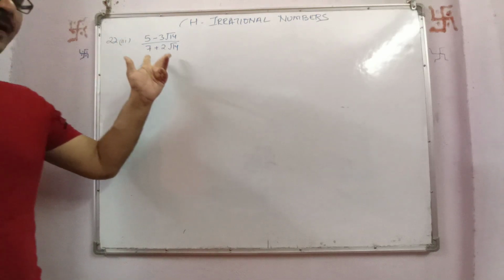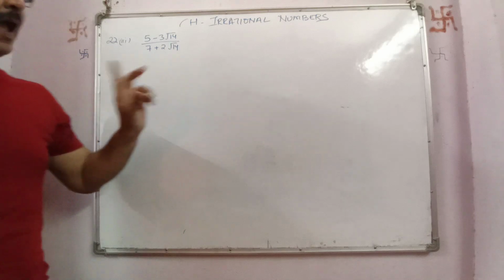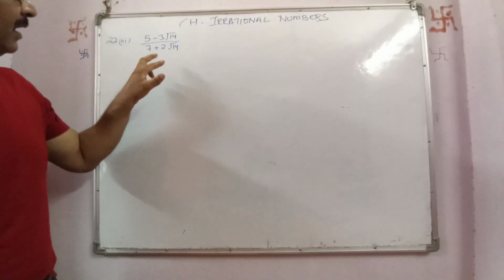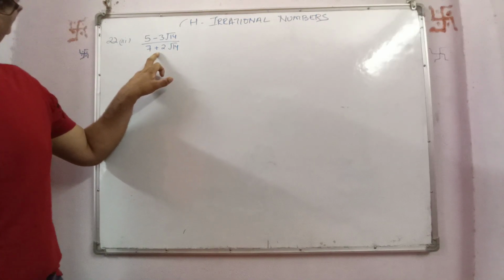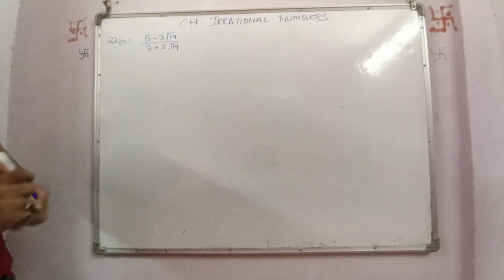Now since the denominator is a binomial, the terms will be the same except a simple change, that the sign in between will be changed.